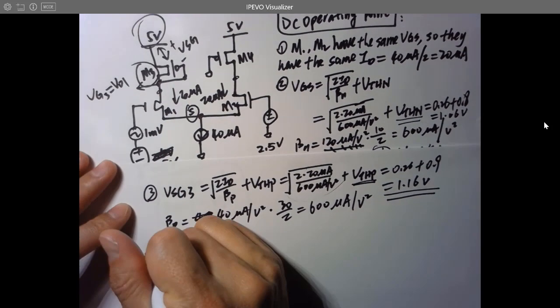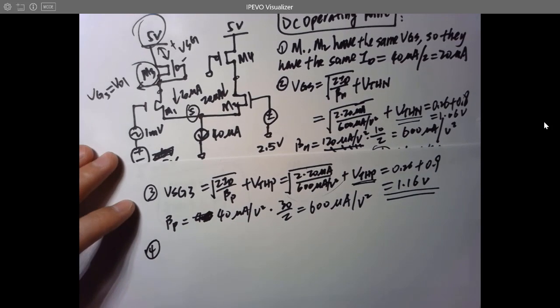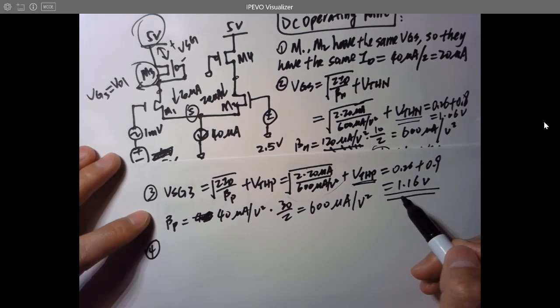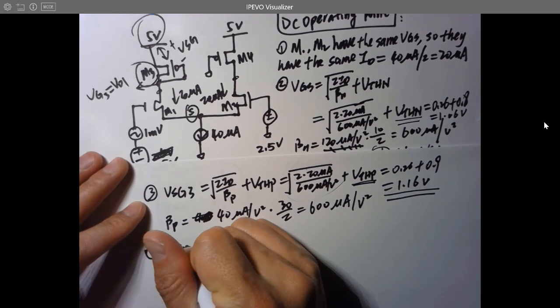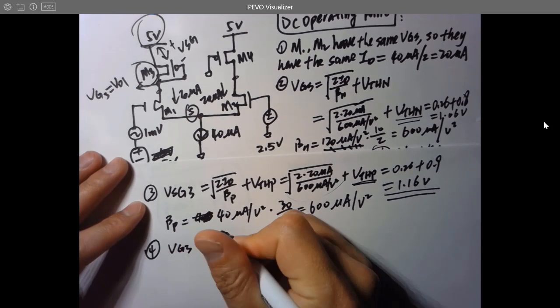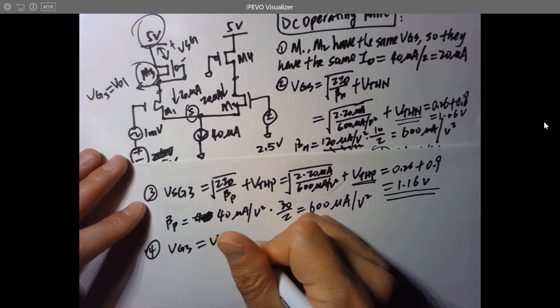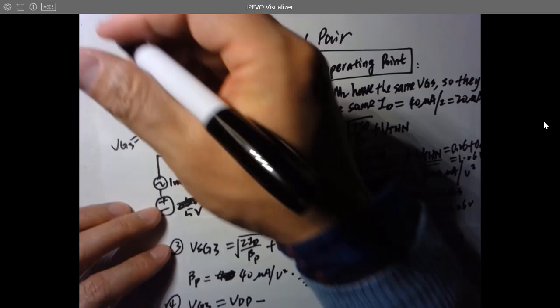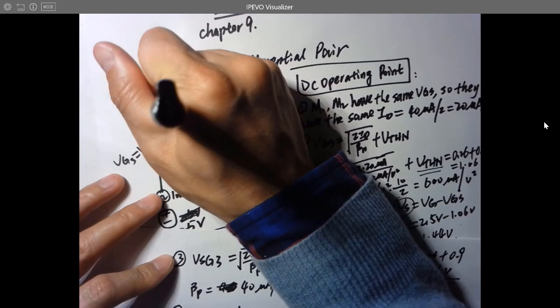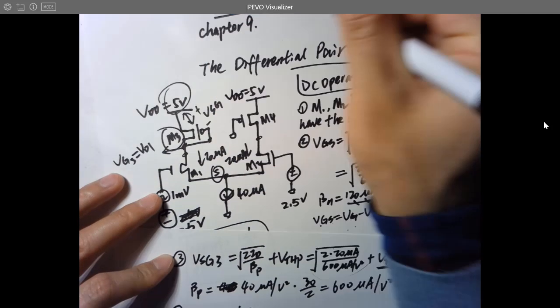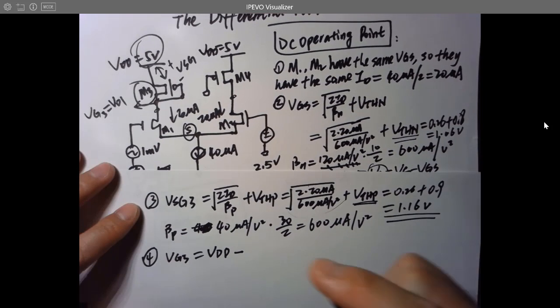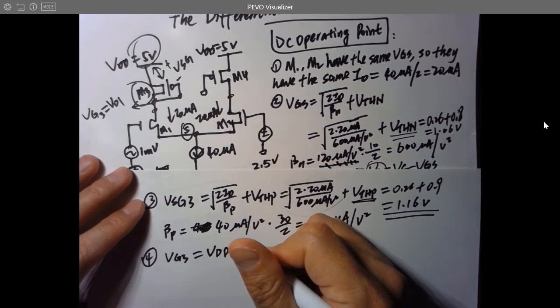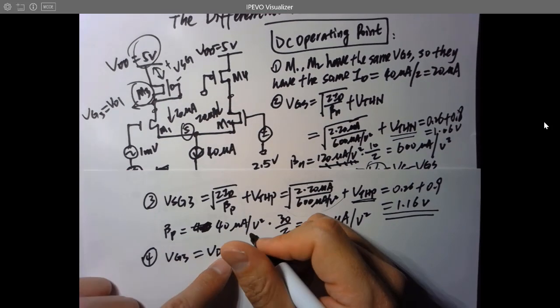Okay, so that's the fourth step. If we know VSG3 is this, we are going to know VG3 equals VDD, which is 5 volts, minus, let's label that, VDD minus what? Minus VSG. So VDD is actually VS, right?